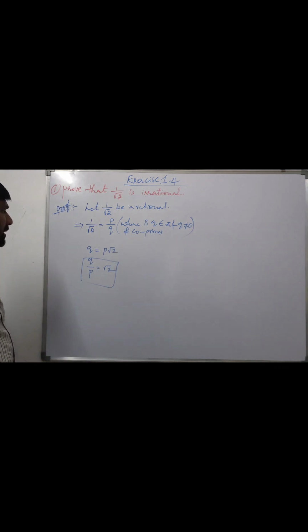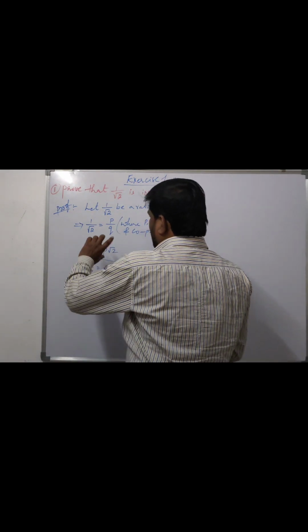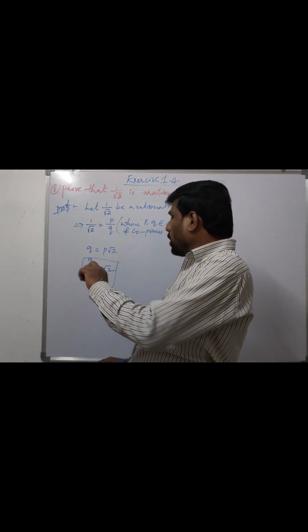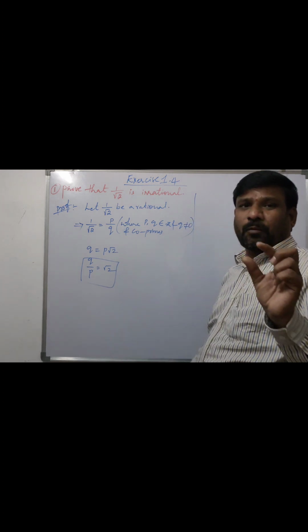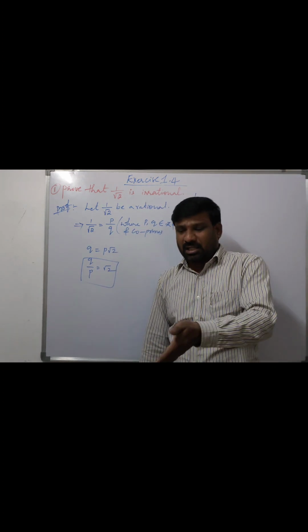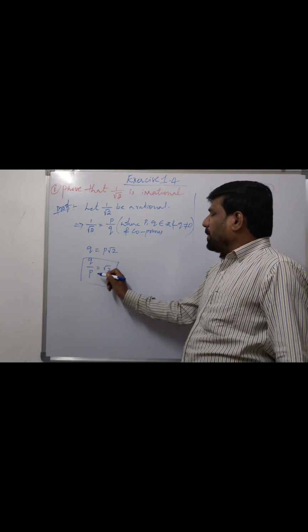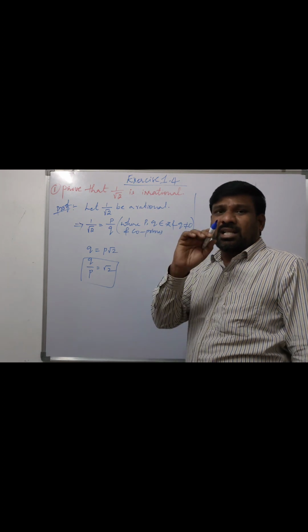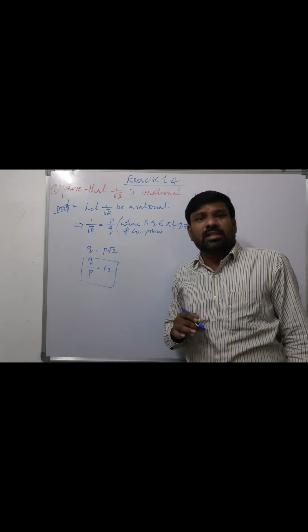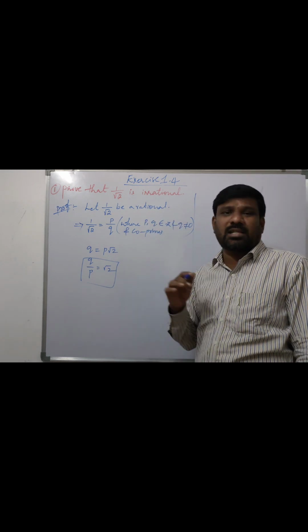This is enough, because I will show how to prove that root 2, root 3, root 5, roots of non-perfect square numbers, are irrational in the coming problems. Generally, the square root of perfect squares only gives us an integer. The square root of all non-perfect squares gives us an irrational number.